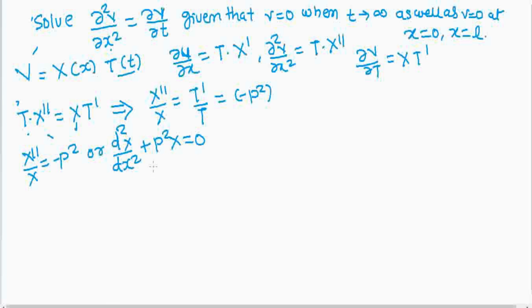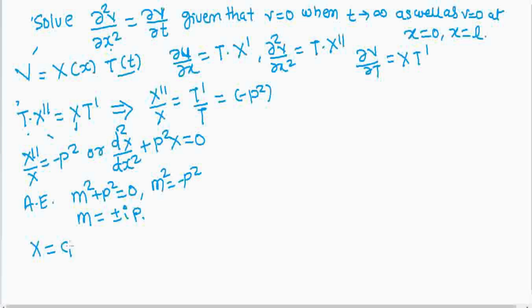It is a second order differential equation, and its auxiliary equation is m square plus p square equal to 0, m square equal to minus p square, and m equal to plus or minus i into p. So the roots are imaginary, and therefore we have capital X equal to C1 into cos of px plus C2 into sin of px.